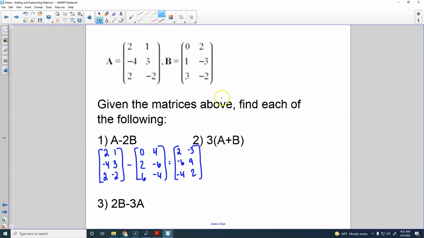But if you add those together first, you're going to have 3 times and then you'll get 2, 3, negative 3, 0, 5, and negative 4. So I just went ahead and added A and B together first, and then you can multiply. So you'll get 6, 9, negative 9, 0, 15, negative 12. Like that.